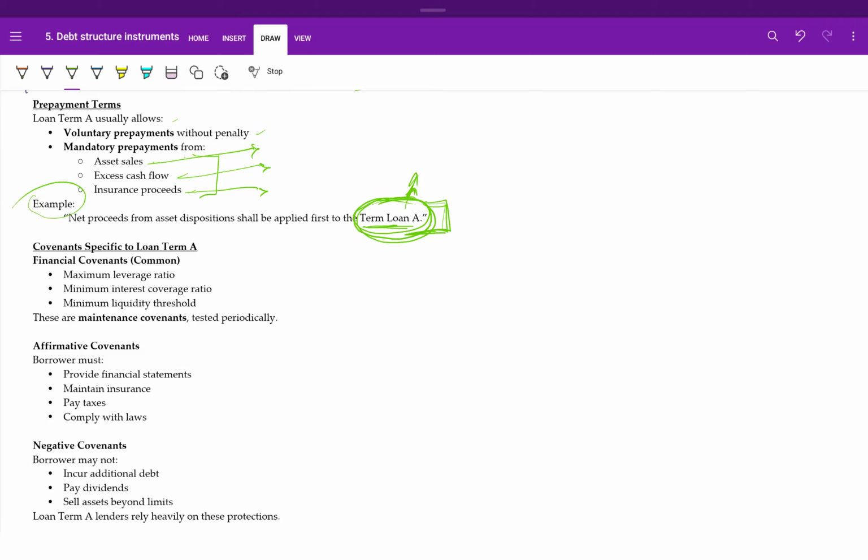That's why it's designed in such a way that they exit the capital structure early.